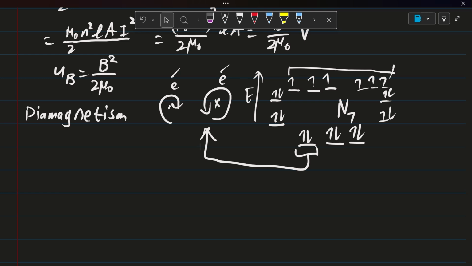So if we have something like this, let's just apply a magnetic field and see what would happen. Let's state I want to put a magnetic field in this direction. So there's a changing magnetic field.